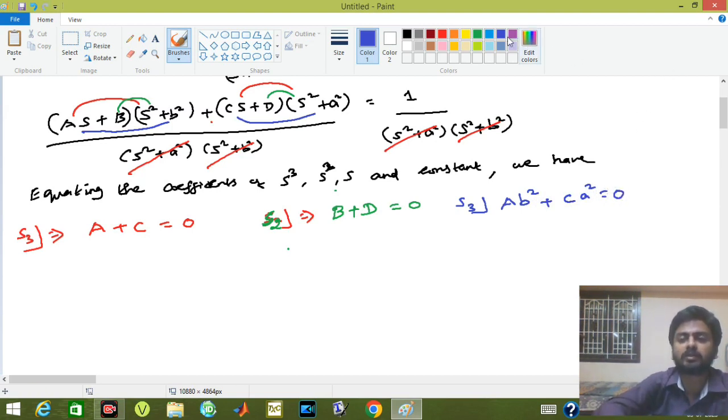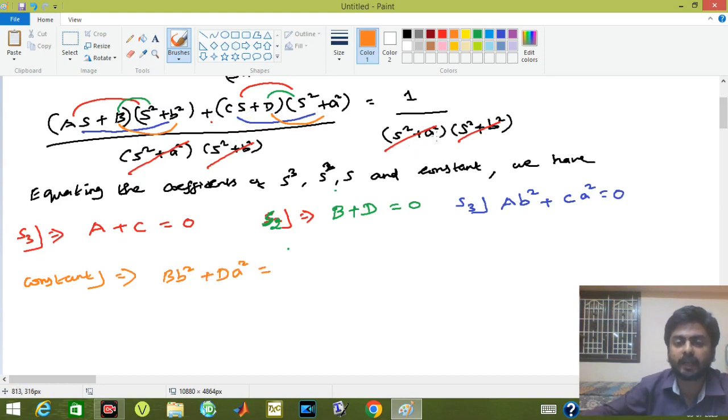And then the constant is given by b b square plus d a square, that is, on the right hand side you have a constant, so it is equal to 1.